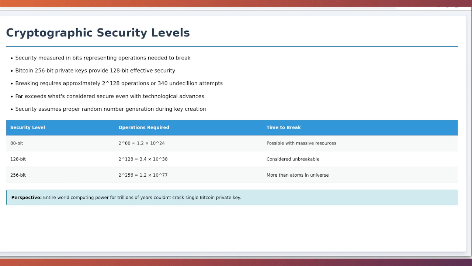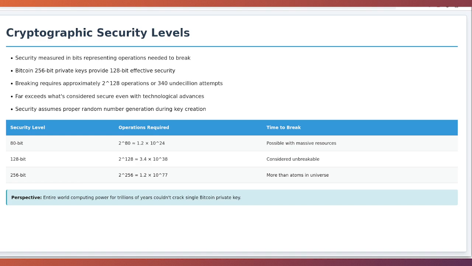Understanding the actual security levels of blockchain cryptography helps appreciate why these systems are considered so secure. When cryptographers talk about security, they measure it in bits. A system with n-bit security means an attacker would need to perform approximately 2 to the power of n operations to break it. Let's put Bitcoin numbers in perspective.